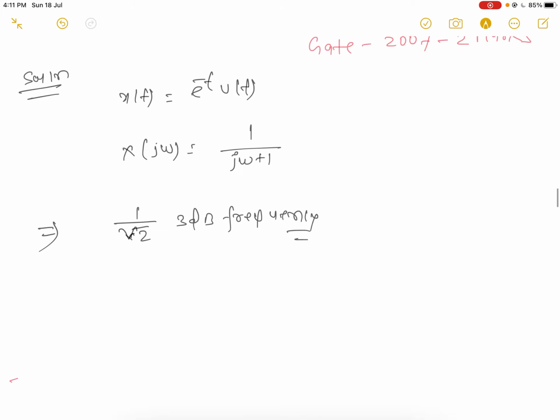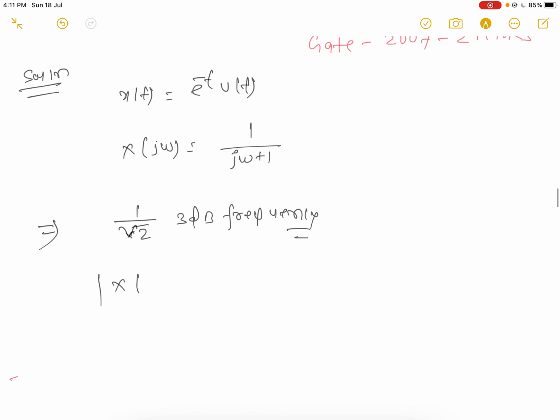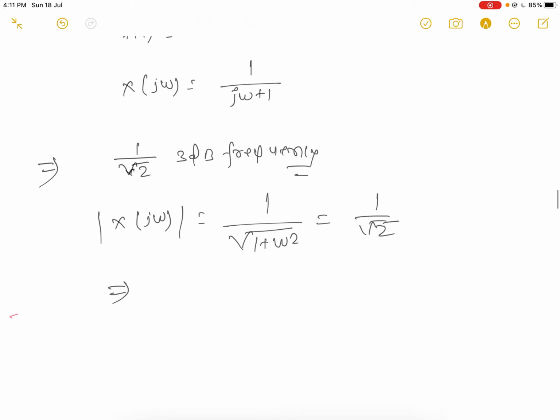At the 3 dB frequency, the magnitude of X(j omega) we can write as 1 upon root under 1 plus omega square. Here it is given as 3 dB, 1 by root 2, and we simplify it. Cross it and square it, then 1 plus omega square equals 2.